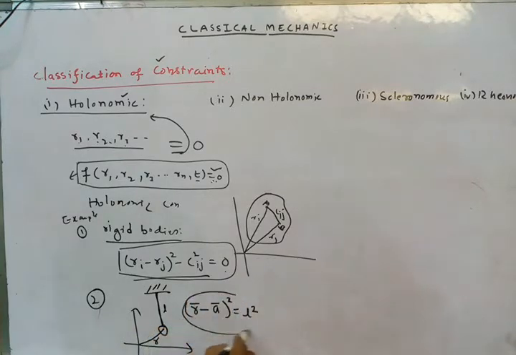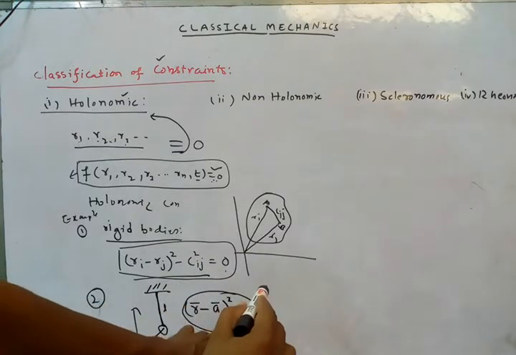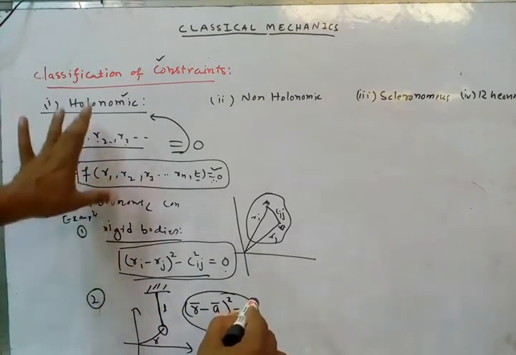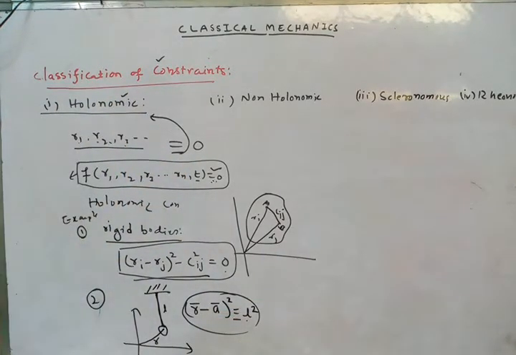See here also, (r minus a) whole square equal to l square. Here also we are equating to l square. So these two constraints come under holonomic constraints. So this is about holonomic constraints.